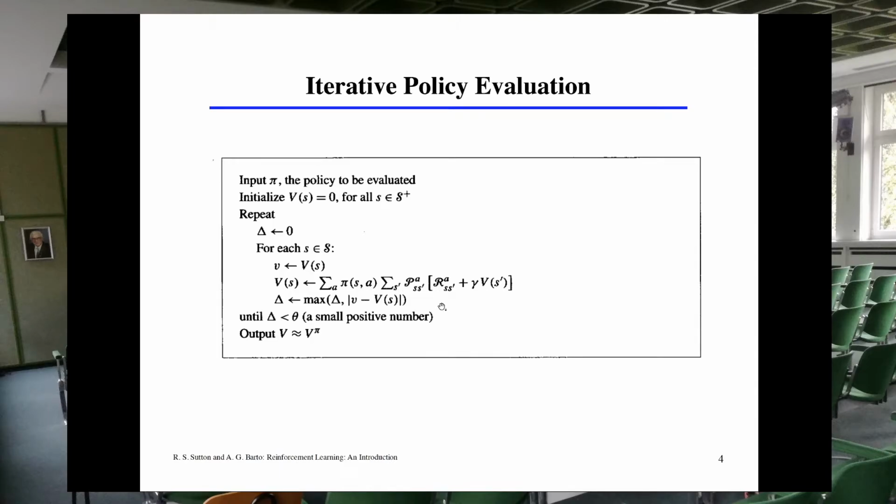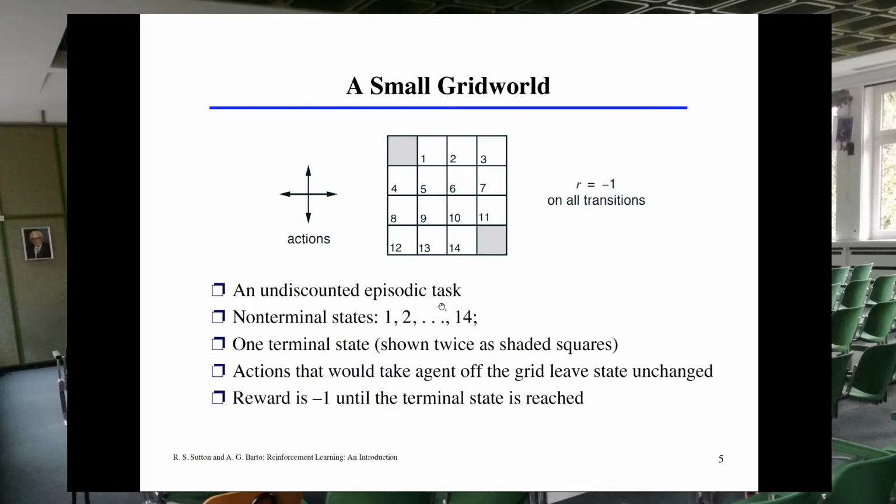Okay, so consider this example, this small grid world. In this world we have 4 possible actions: go up, down, left or right. We have only 14 states, and these gray squares are considered the terminal states or the goal states.